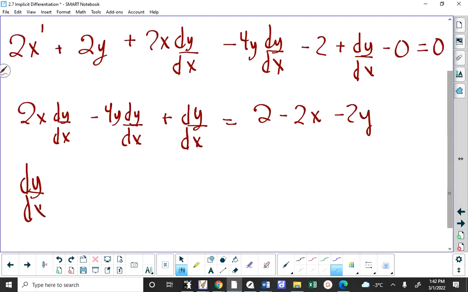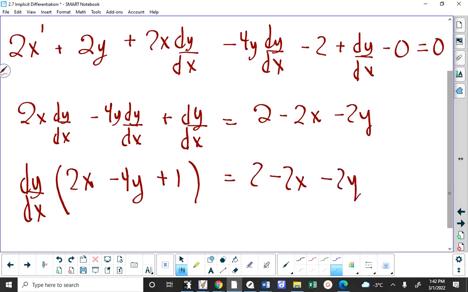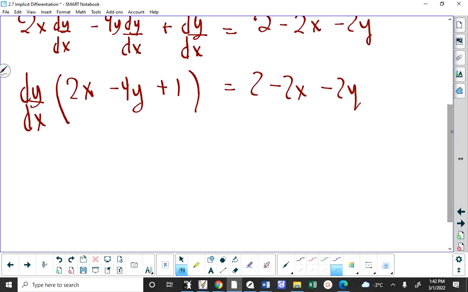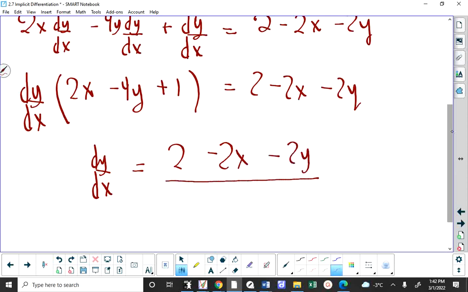Factor that dy/dx out, and we will have 2x minus 4y plus 1 as the other factor, equals 2 minus 2x minus 2y, and then just divide by the 2x minus 4y plus 1, and you have your answer. So the derivative of this relation will be 2 minus 2x minus 2y over 2x minus 4y plus 1.